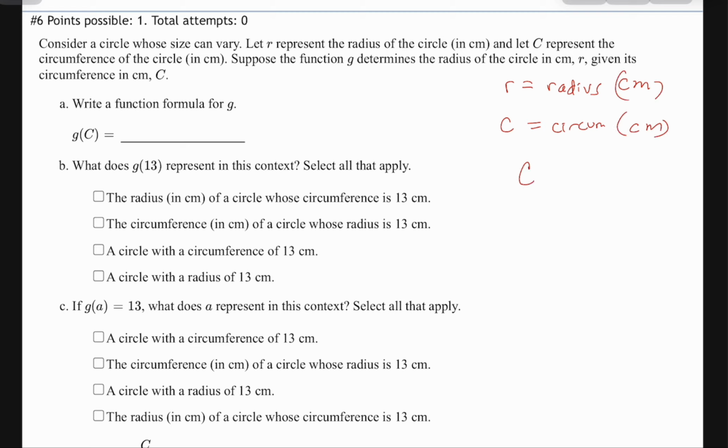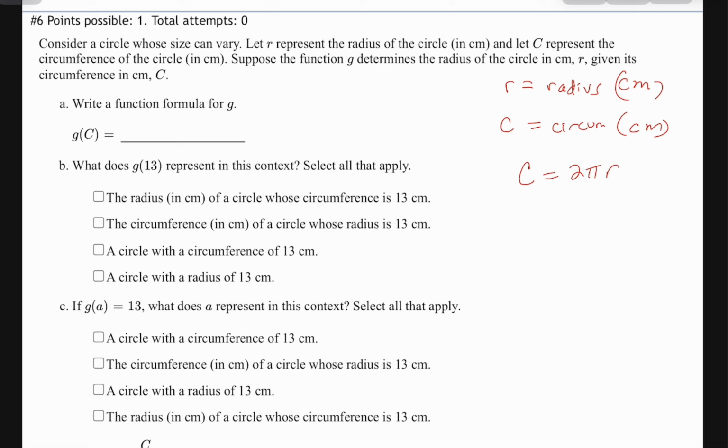Now, the circumference of a circle is 2 pi r. So that's a formula you should know. The area of a circle is pi r squared. So know those general formulas for a circle. Okay.